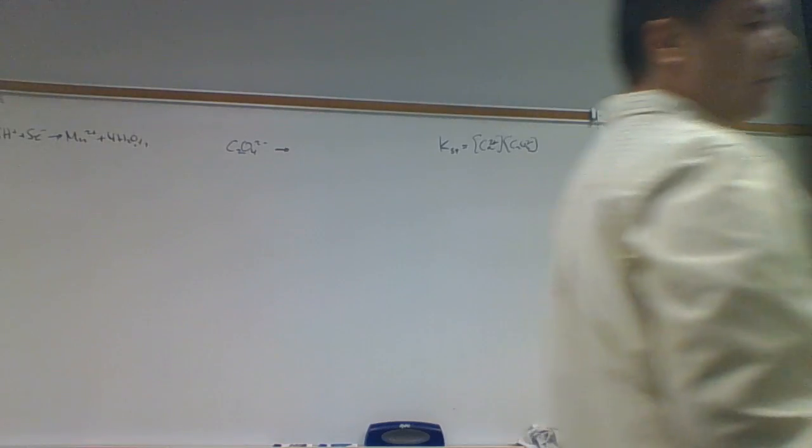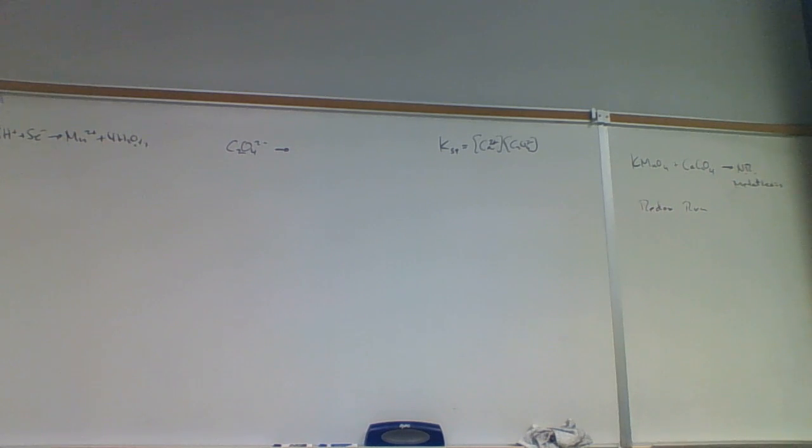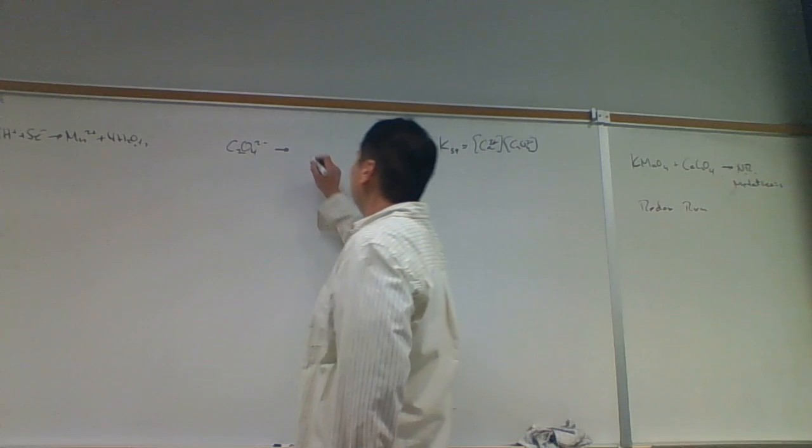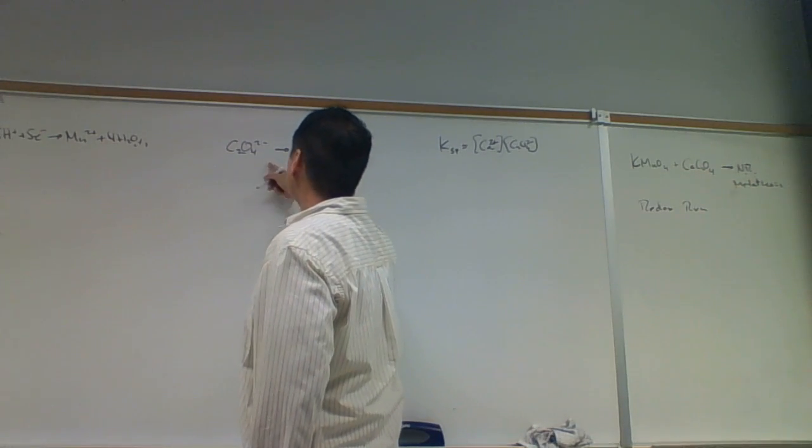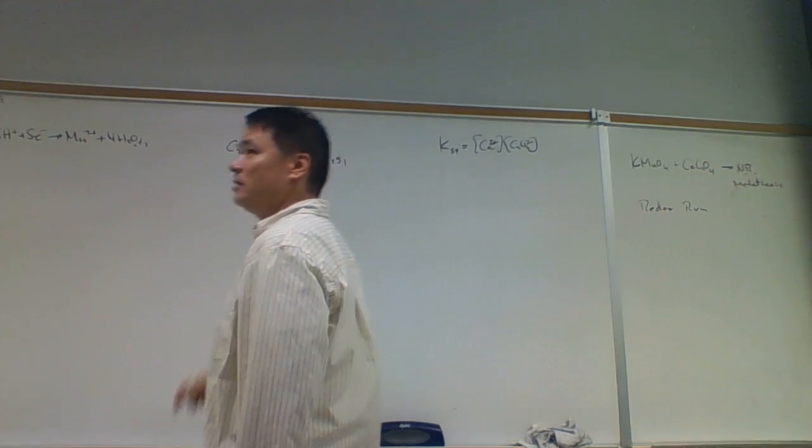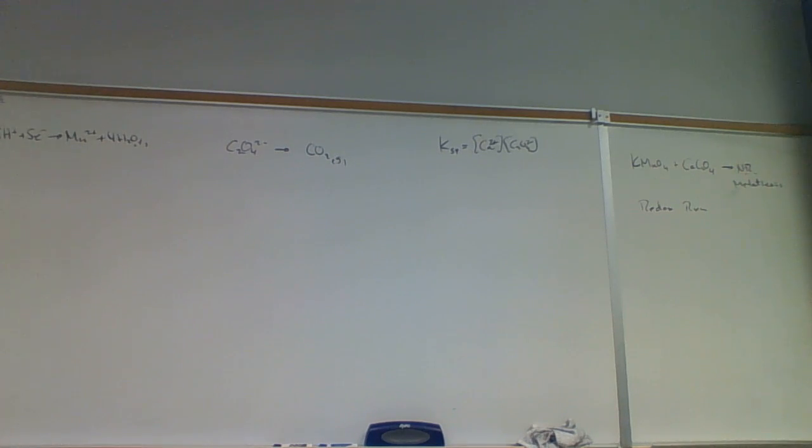Carbon dioxide. That's complete oxidation of oxalate. So, oxidize it to CO2 gas. This one is not on the chart, and so this one we have to use some Chem 1A.